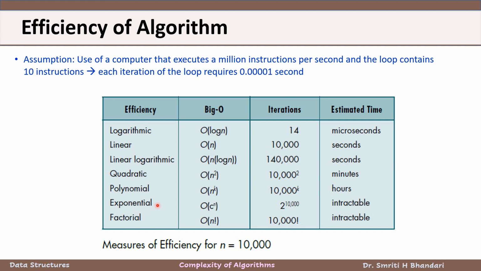If it is exponential, then order of c to the power n, the number of iterations would be 2 to the power 10,000, and the estimated time would be intractable. Whereas if we are computing the efficiency of factorial, then the Big O notation would be order of n factorial. The number of iterations required is 10,000 factorial and once again the estimated time would be intractable.